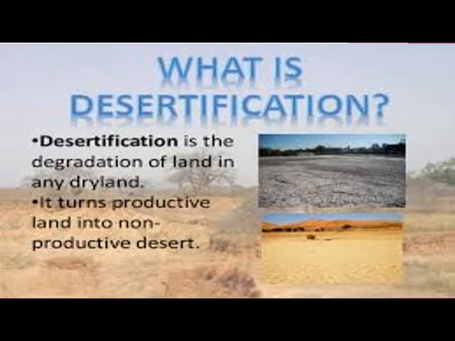We know that the upper part of the soil contains humus. Gradually, the fertile land gets converted into deserts. This process is called desertification. With less humus and less fertile soil, it is not good for cultivation.